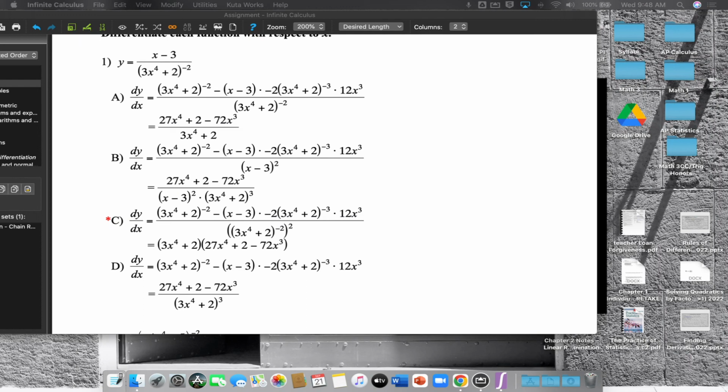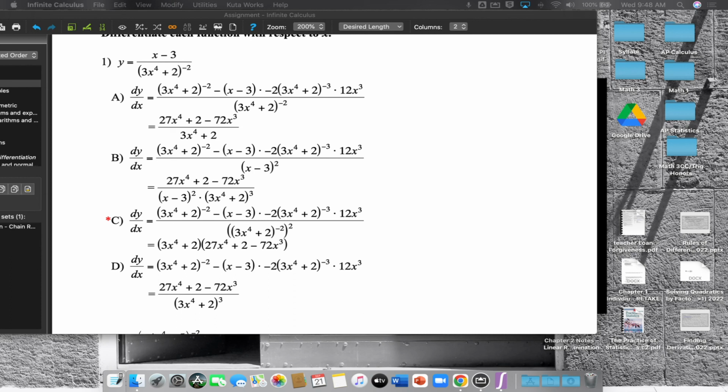C did it correctly. Low times the derivative of the high, the derivative of the high would just be 1, so that's why, and then subtract all of that. And then the bottom one didn't use it, had no bottom.